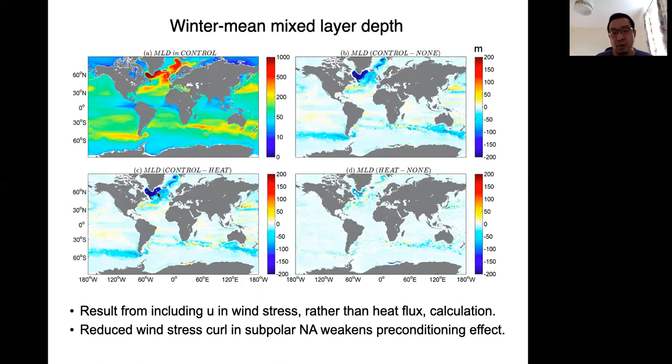But the reduced wind stress curl in the relative wind experiment weakens this preconditioning effect. More research still needs to be done to be sure this is the reason. So there is quite a large difference in mixed layer depth, or in the strength of deep convection, in the model.